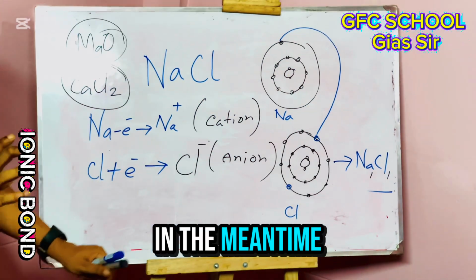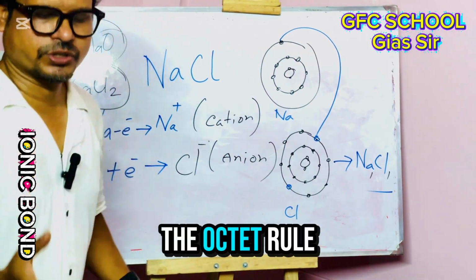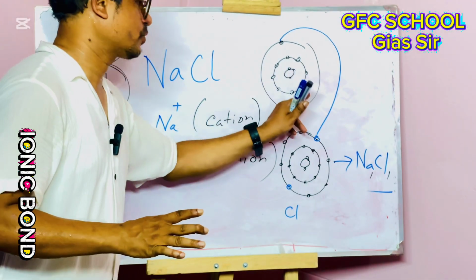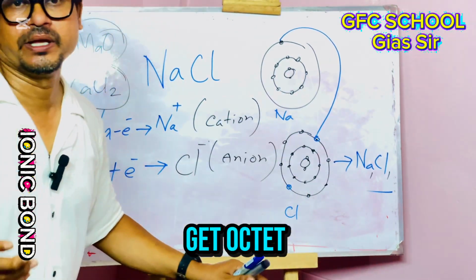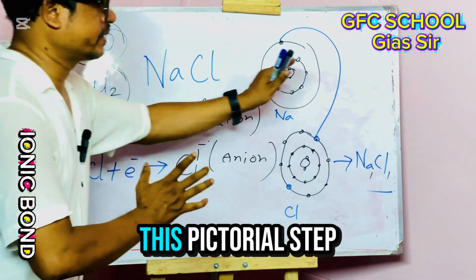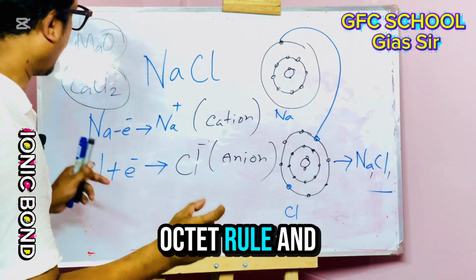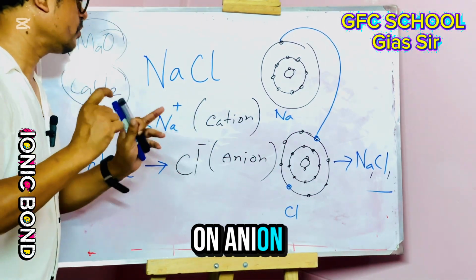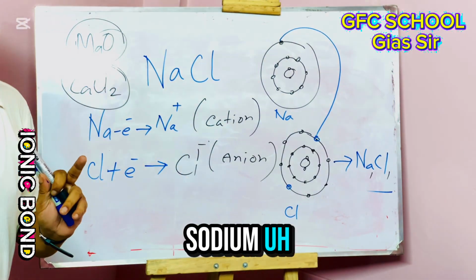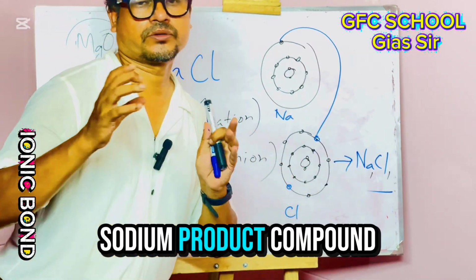In the meantime, chlorine will maintain the octet rule, and sodium will maintain the octet rule. That means the inert gas state. Okay, guys, this is one step, this pictorial step, and the theoretical step: the octet rule, and the cation-anion rule, and also sodium valency 1, chlorine valency 1. They have made the sodium chloride compound.